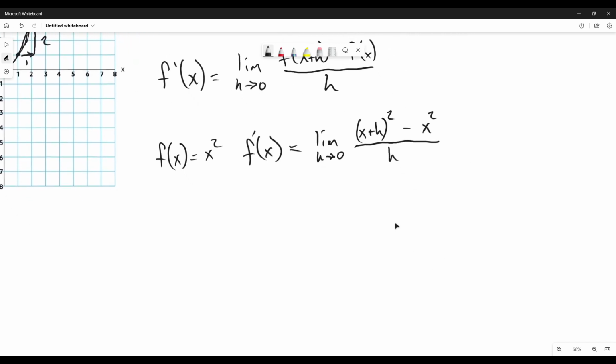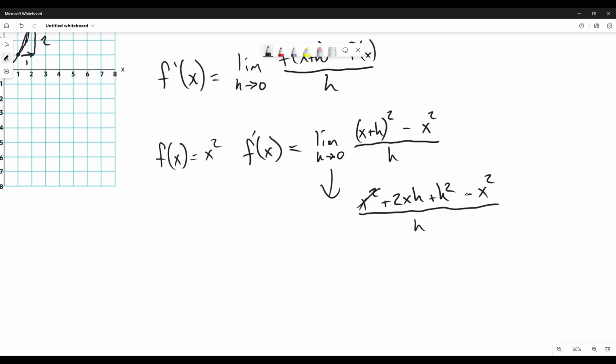Now let's simplify this. So the first thing we're doing is just simplify this upper part. So we're going to drag this down: x squared plus 2xh plus h squared minus x squared all over h. Do this top part.